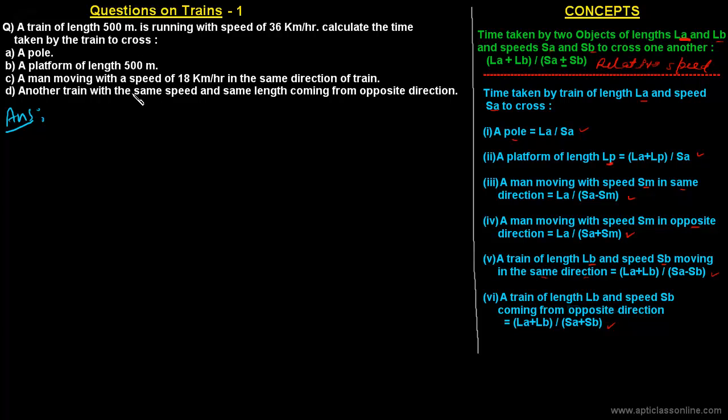So the first thing we'll do is, since the length of the train and the length of the platform are given in meter, and the speed of the train is given in kilometer an hour, first of all we have to make the units the same.